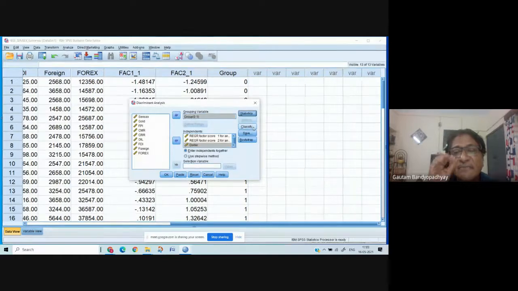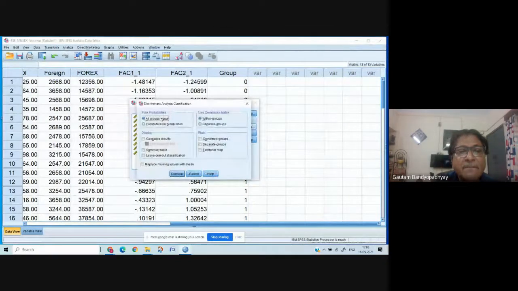Then you select Classify. Actually, here if all groups are equal, I don't know, better you compute from group sizes: how many are good Sensex, how many are poor Sensex values.